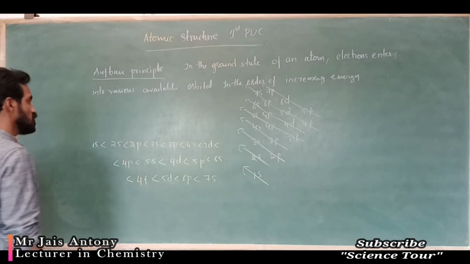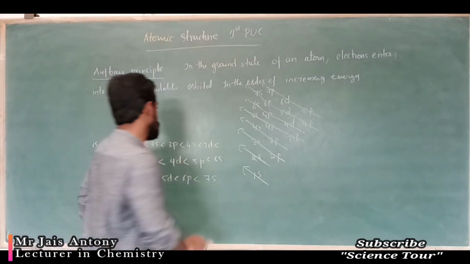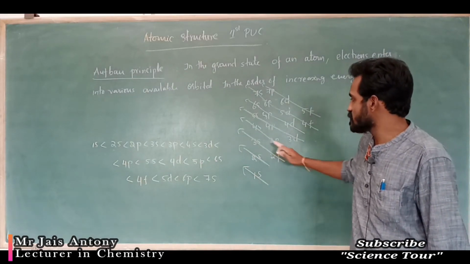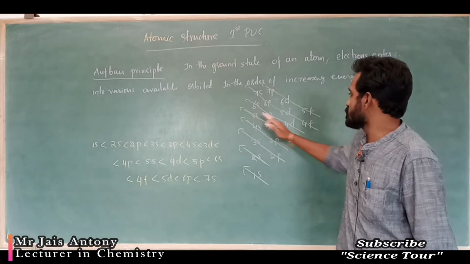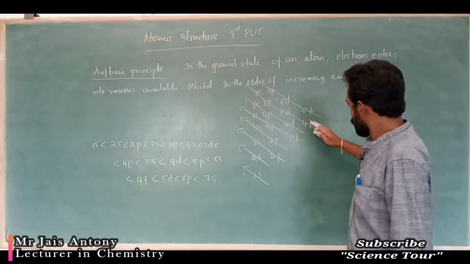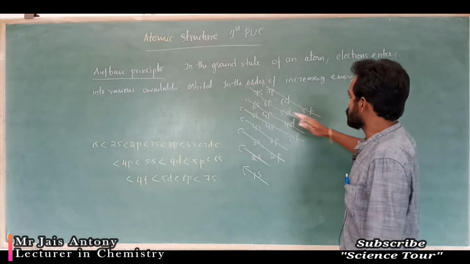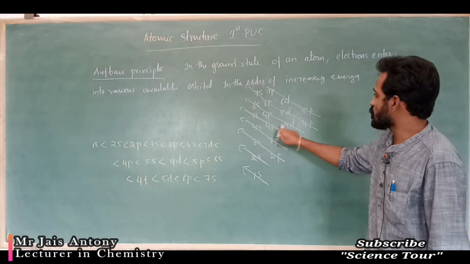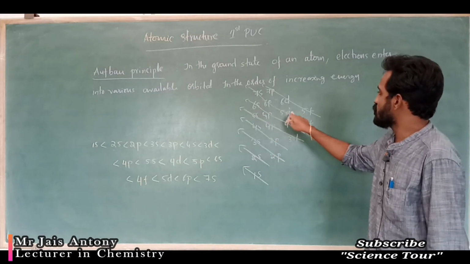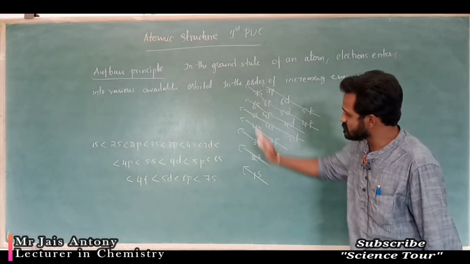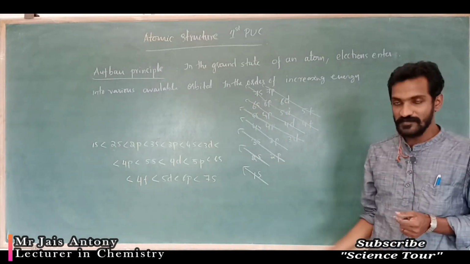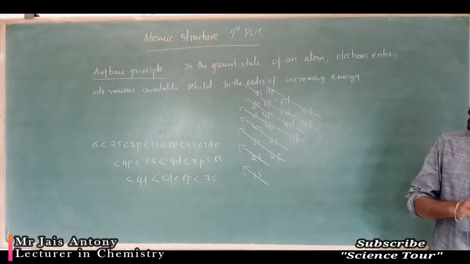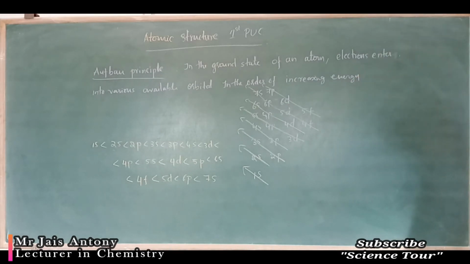That is the method. The lowest energy orbital fills first, later the higher energy orbital. You just write 1s, 2s, 2p, 3s, 3p, 3d, 4s, 4p, 4d, 4f, 5s, 5p, 5d, 5f and then easily you can find out which orbital fills first. This is very important. This concept is explained by the Aufbau principle.